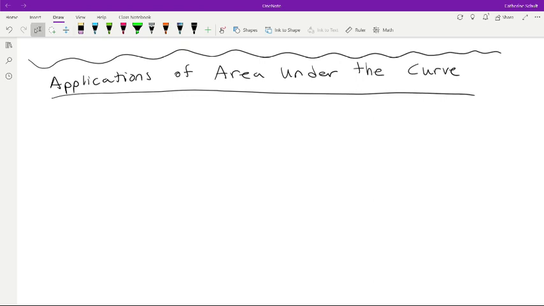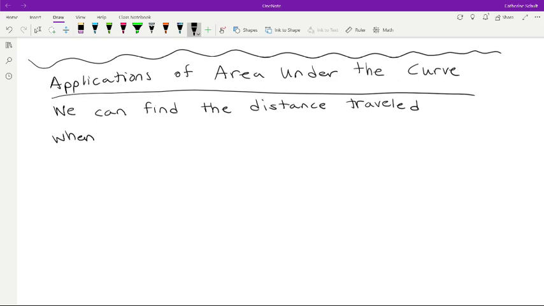So we know, let's go back to algebra. We can find the distance traveled when we know two pieces of information. When we know the velocity, back in the day, it's really the average velocity, right?